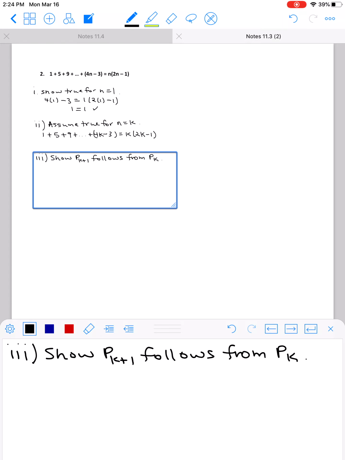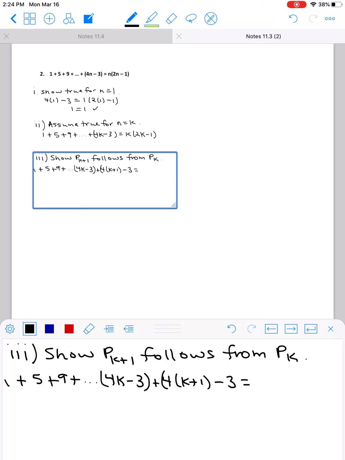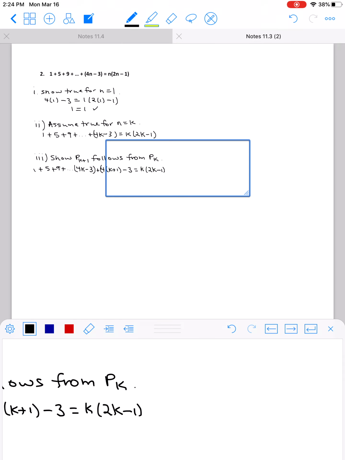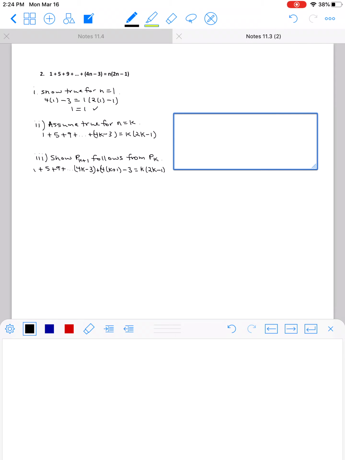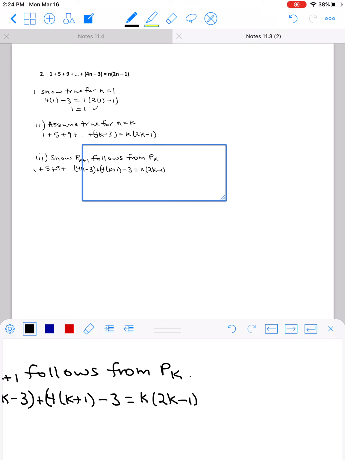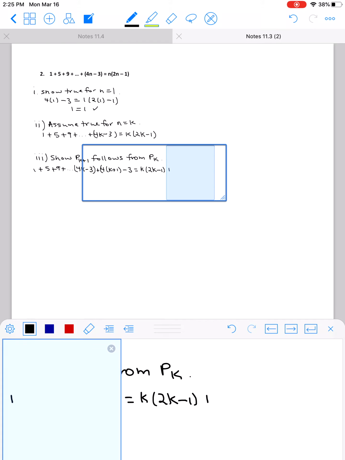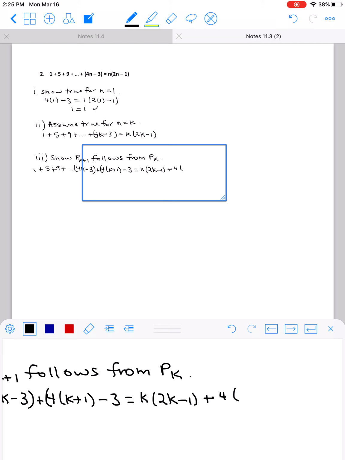All right, so start by 1 plus 5 plus 9 plus ... 4k minus 3 plus 4 times k plus 1 minus 3 equals k times 2k minus 1 plus 4 times k plus 1 minus 3.